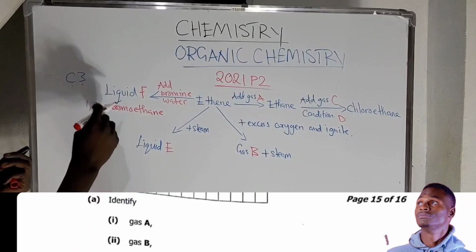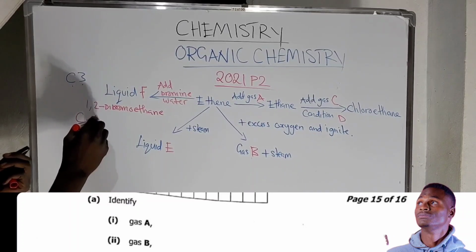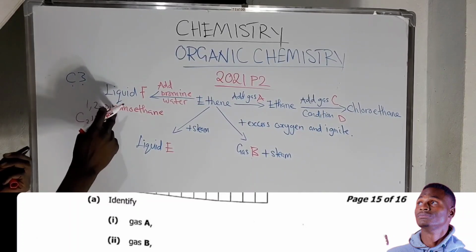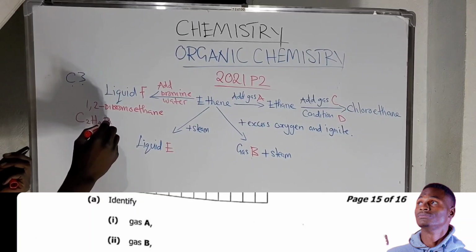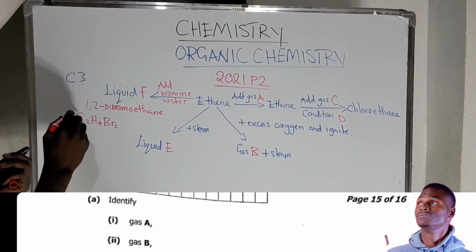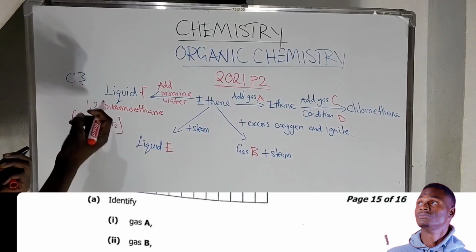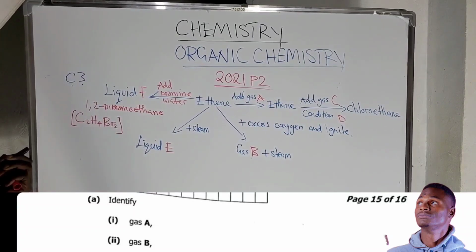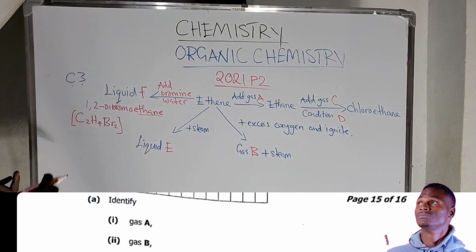Since this is an addition reaction, the formula for ethene is C2H4. Bromine exists as a diatomic molecule, so it will attach itself like this, like this. So this is the formula for 1,2-dibromoethane.